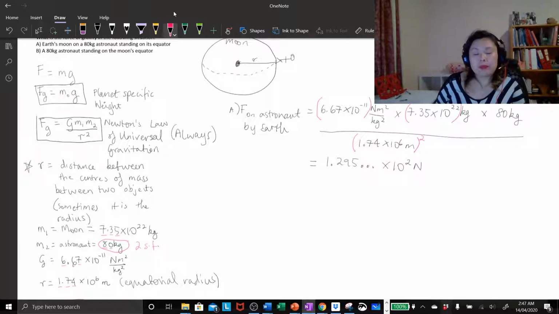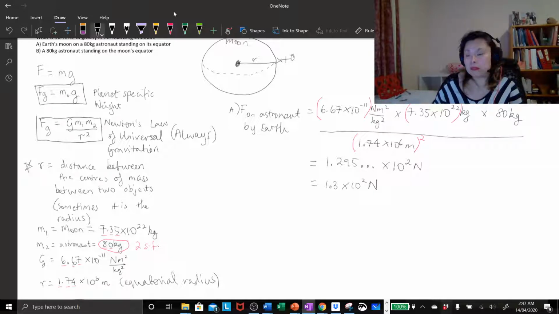Now, for those of you who are watching outside of Victoria, Australia, in VCE, all zeros in a number are considered significant. It's the rules of our curriculum, and that's why there's 2 significant figures there. So we need to round down to the least amount of significant figures, so that will be 1.3 times 10 to the positive 2 newtons.